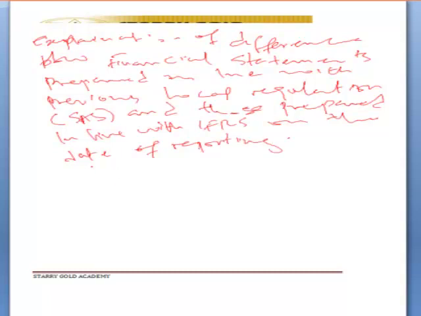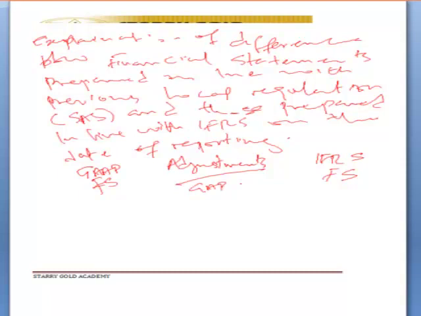So gap analysis looks at the adjustments. You have the previous GAAP financial statements, then you have adjustments, then you have the IFRS financial statements. The adjustment between this and this is what you call your gap analysis.